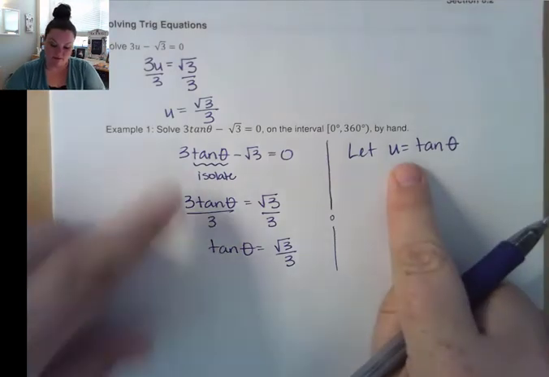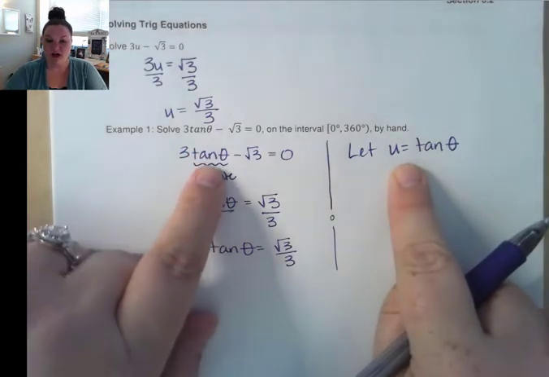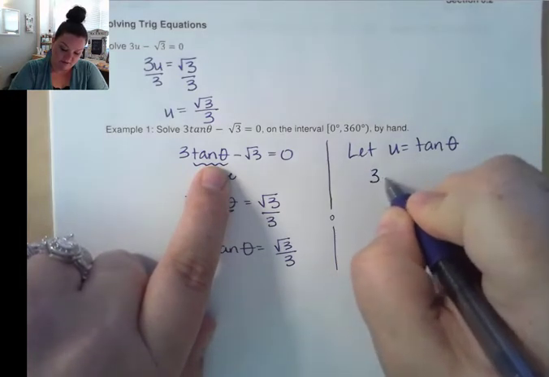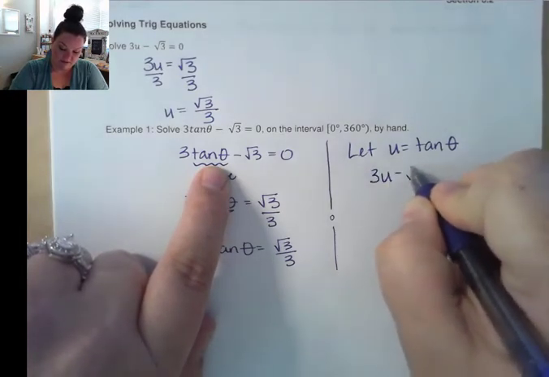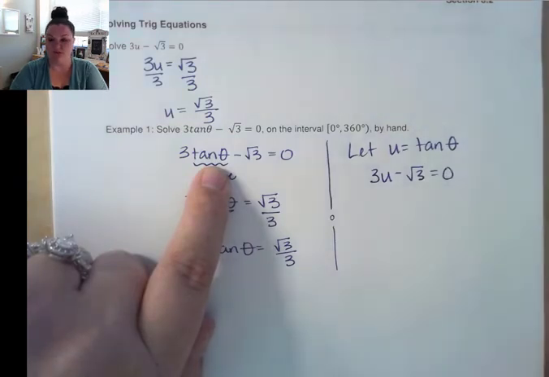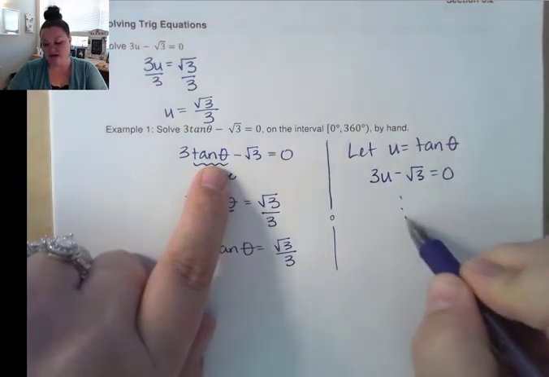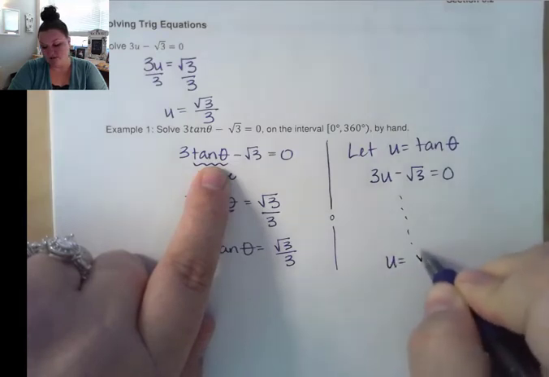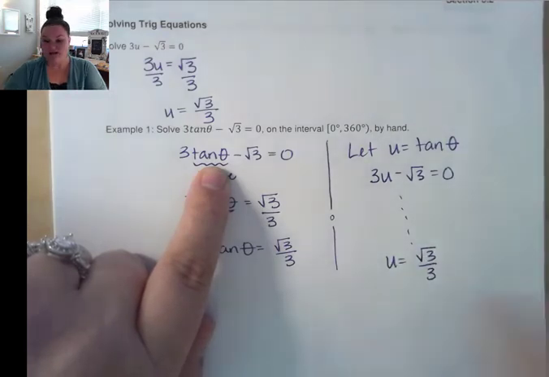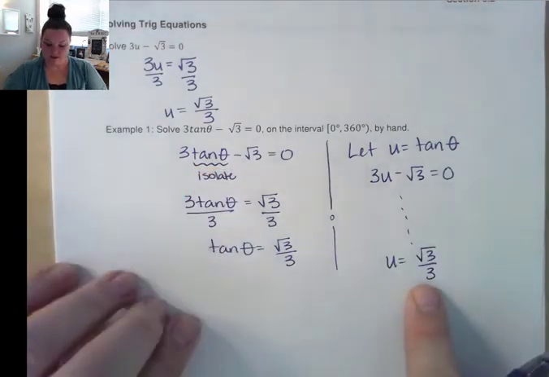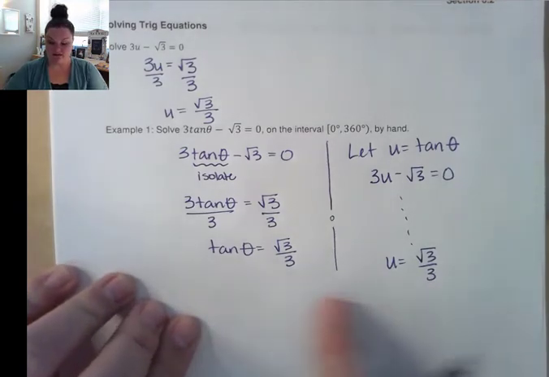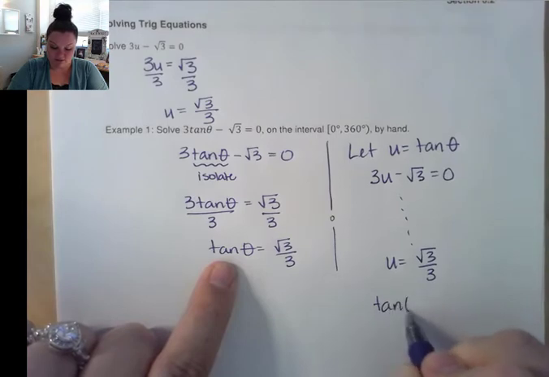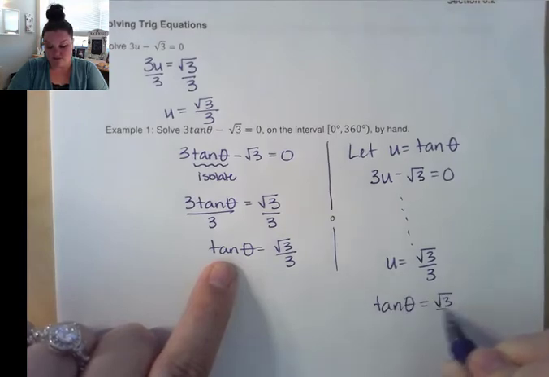Then if I were to rewrite this equation, I would write a u in place of tangent theta. So I would have 3u minus the square root of 3 equals 0. And then again, I would solve it. I've already solved this, and we know that u is equal to square root of 3 over 3. And then once we know what u is, we can plug back in the tangent theta. So this would mean that tangent theta is equal to square root of 3 over 3.